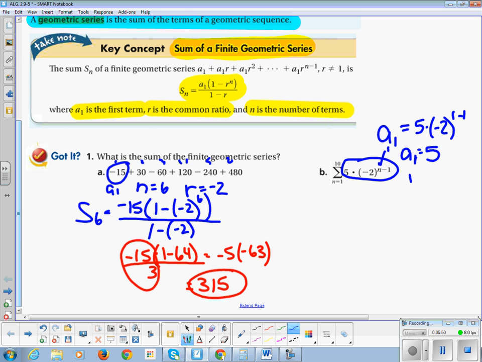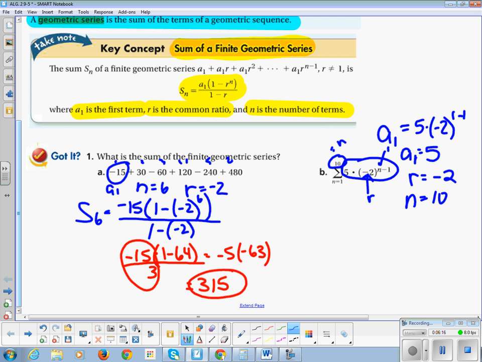Our common ratio is the guy that is being raised to the exponent. So in this case, it's negative 2. Yeah, it's negative 2 again. And then the number of terms, in sigma notation, they write in that upper limit. All right, now we have all of our pieces.